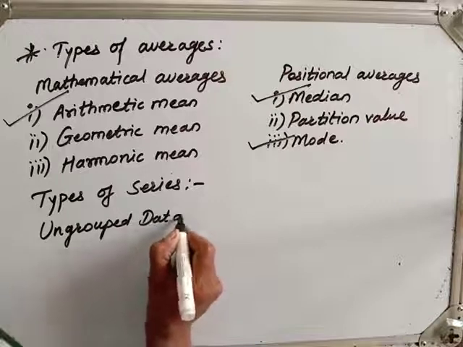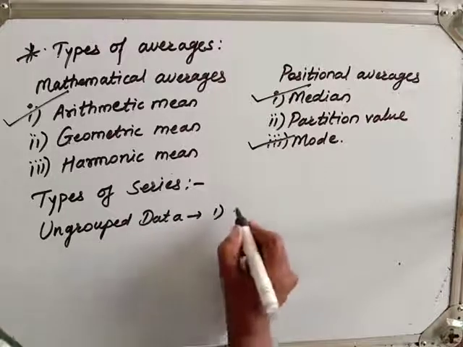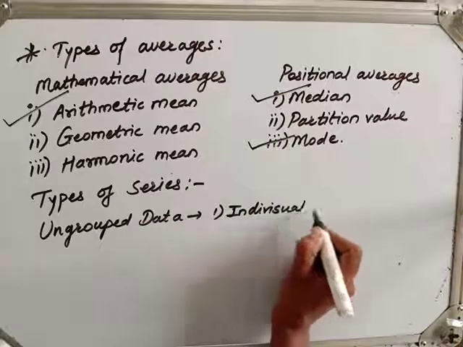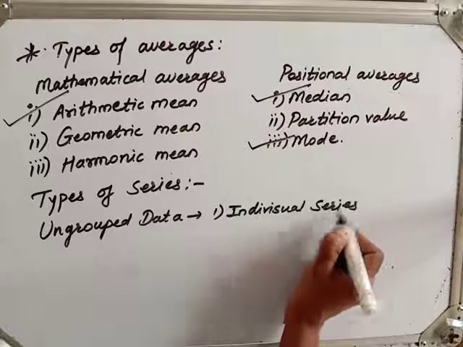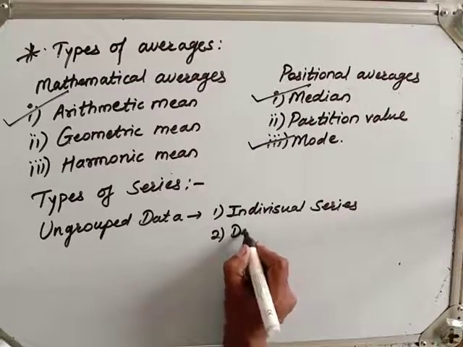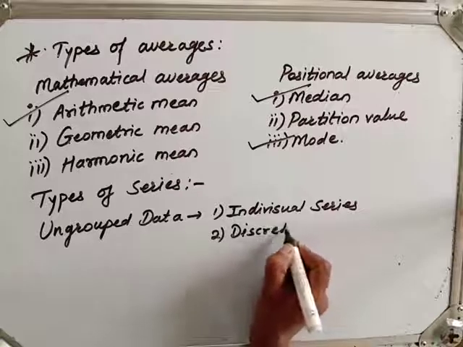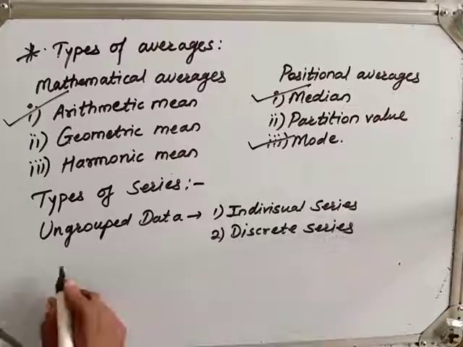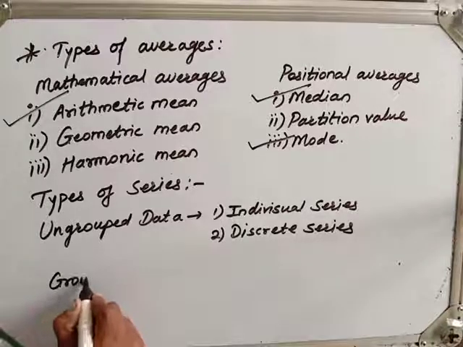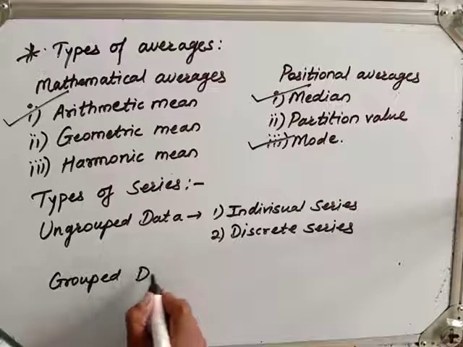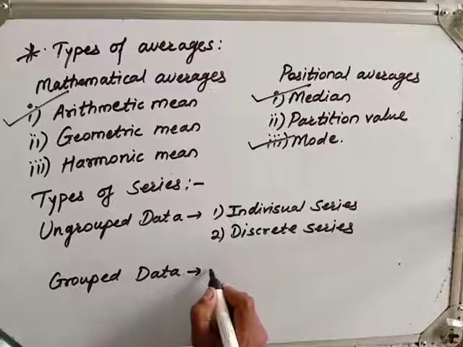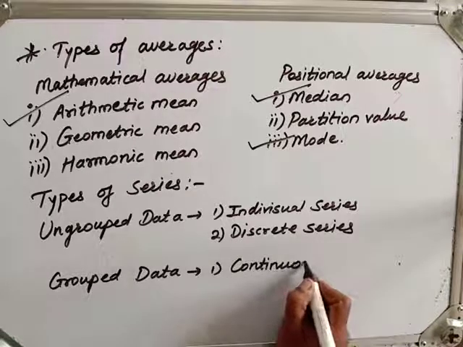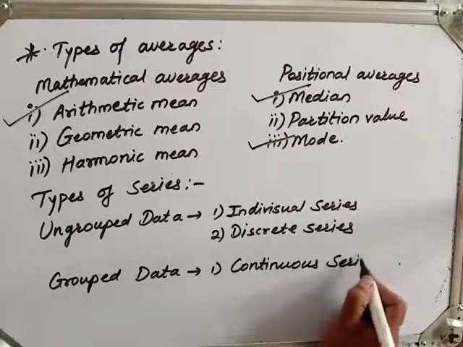In ungrouped data there are 2 types, that is individual series or the second thing is discrete series. And the second thing is grouped data, that gives the continuous series, or continuous frequency distribution.